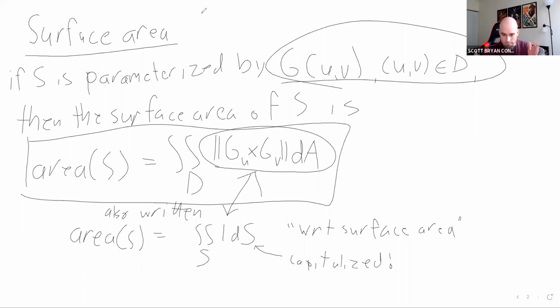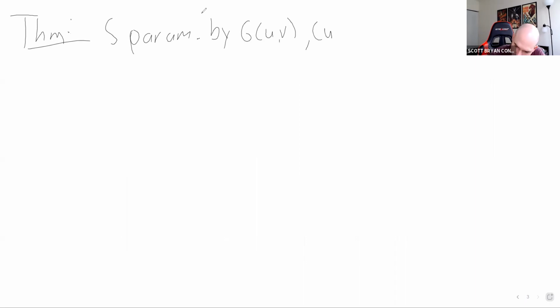So let me write that down. S is parameterized by G of U, V, where u and v live in the region D in the uv plane.